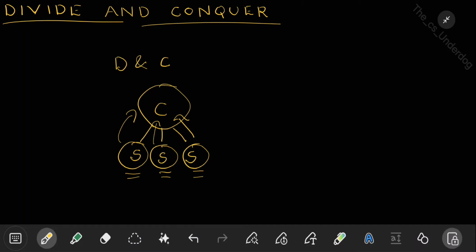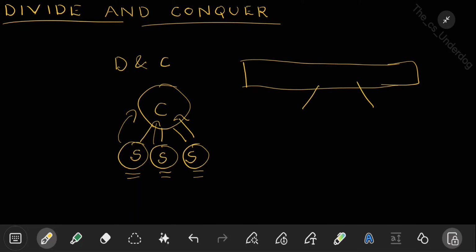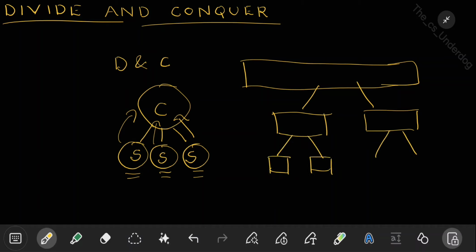So what is the basic idea here? The basic idea is whenever you have a larger problem with you, you have to recursively divide this into smaller and smaller subproblems. What did I mean by recursively divide it? That means you have to keep doing this division process till the point you reach a subproblem which is small enough so that you can directly solve it.